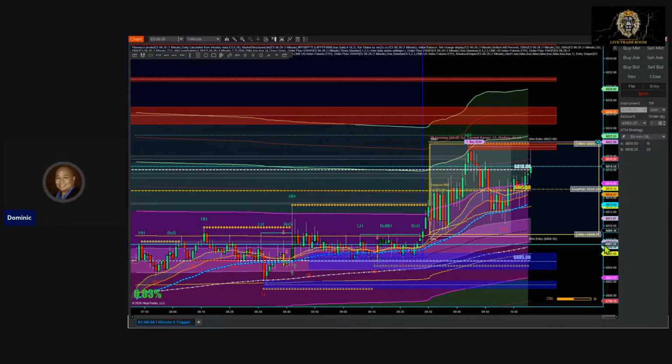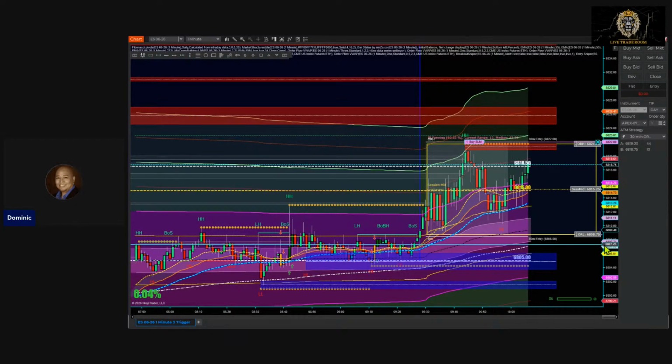You can see how it bounced off that. So let's see if it has enough momentum to break that.